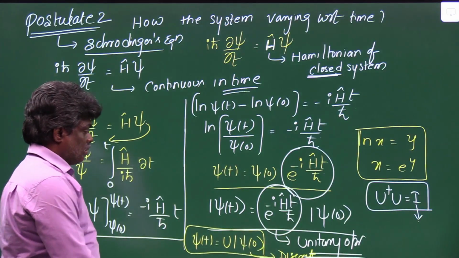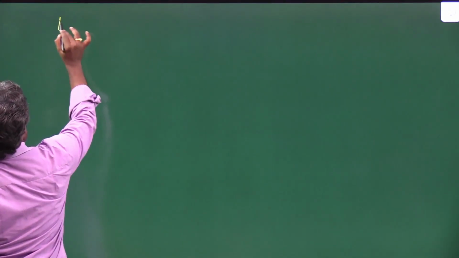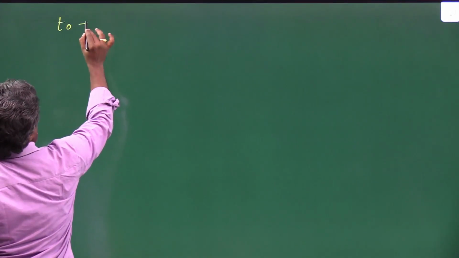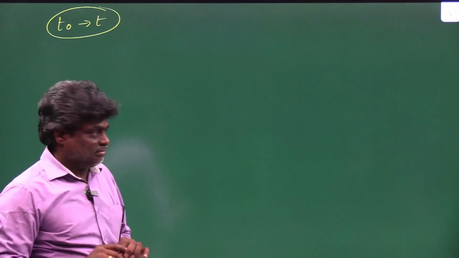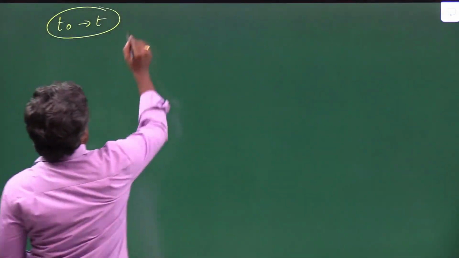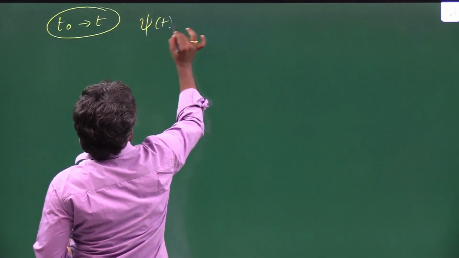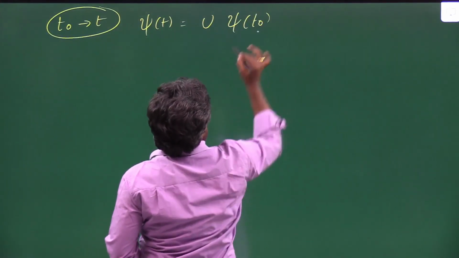So I'm not forced. If it was integration, I'm forced to go through continuous values. Yes, for example, I want to study how the system is changing from t naught to t only. This is the advantage, t naught to t only. Then what I will get? Psi of t equal to some operator into psi of t naught.